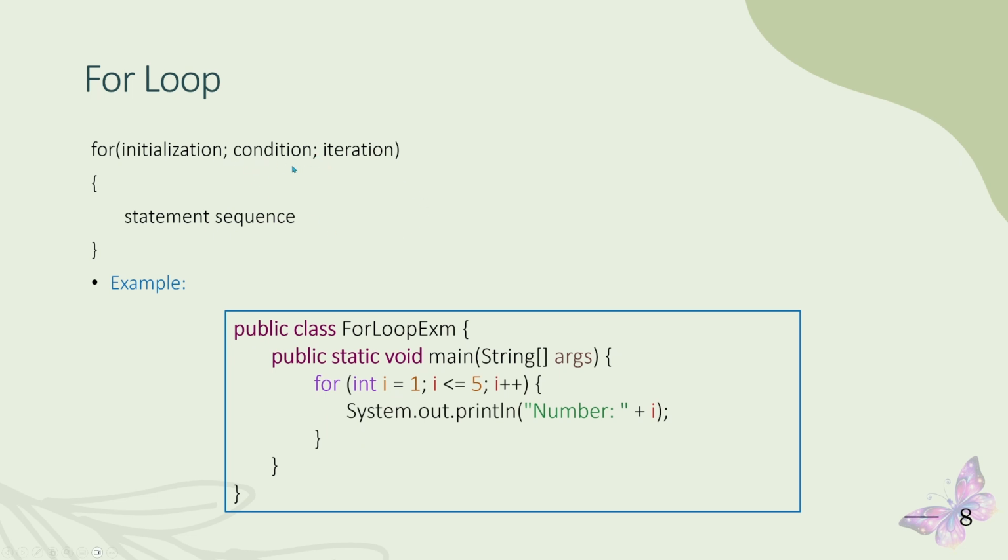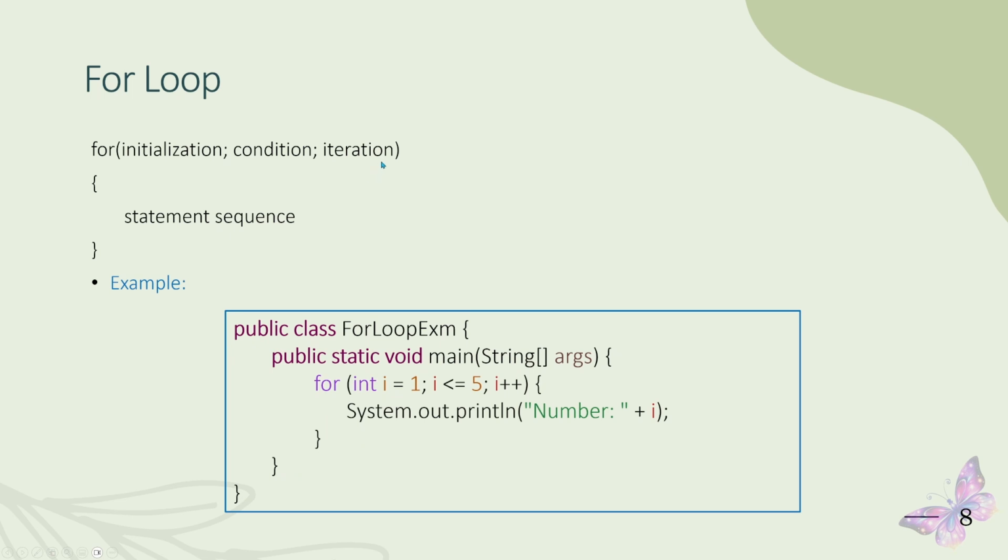If you put a condition which will not repeat the loop, then the loop will only execute one time, then it will exit the for loop. But normally when we say it's a loop, that means we put some conditions so that this for loop and this statement are going to be repeated.